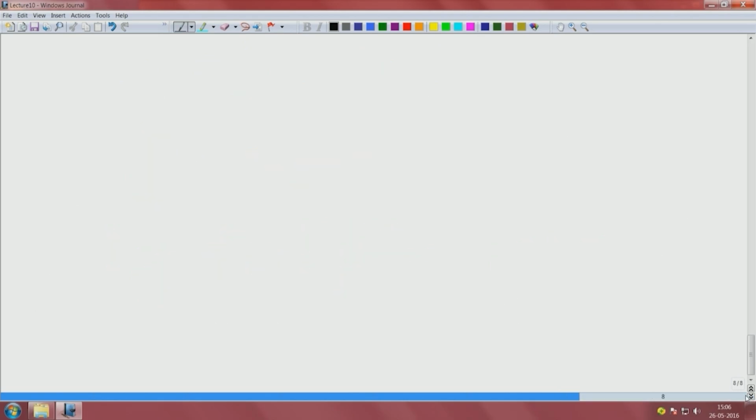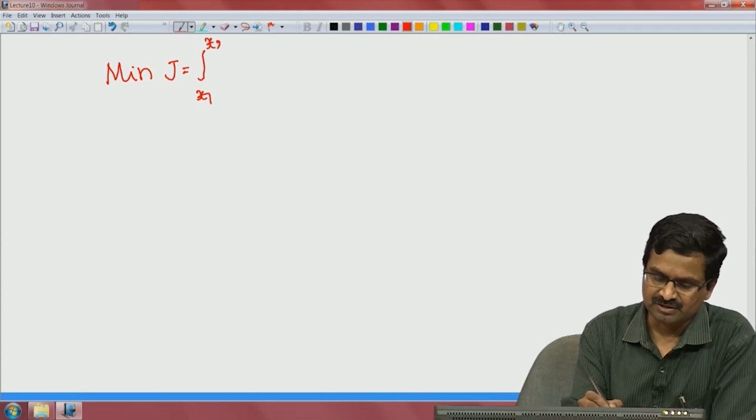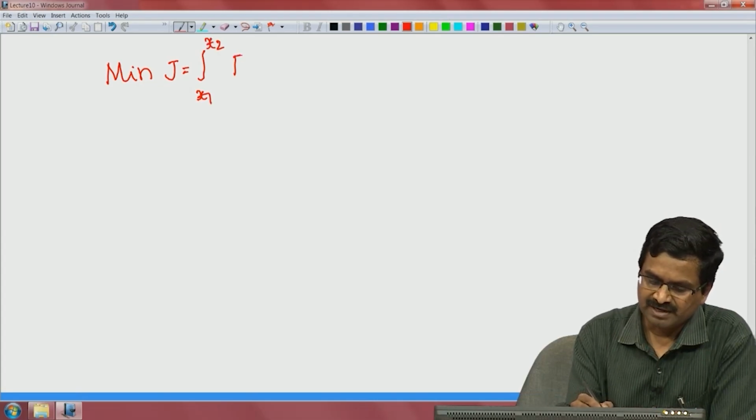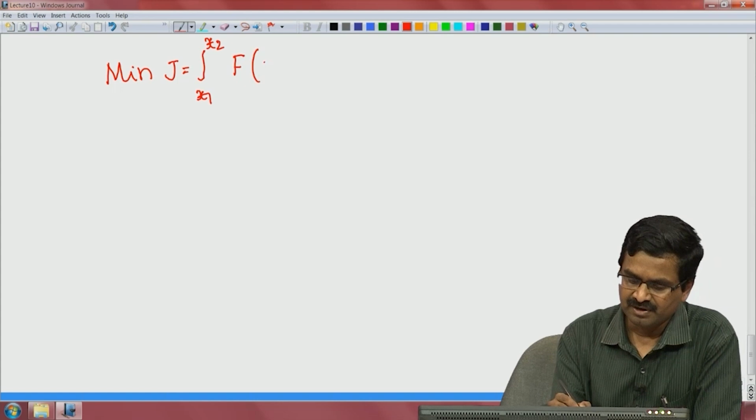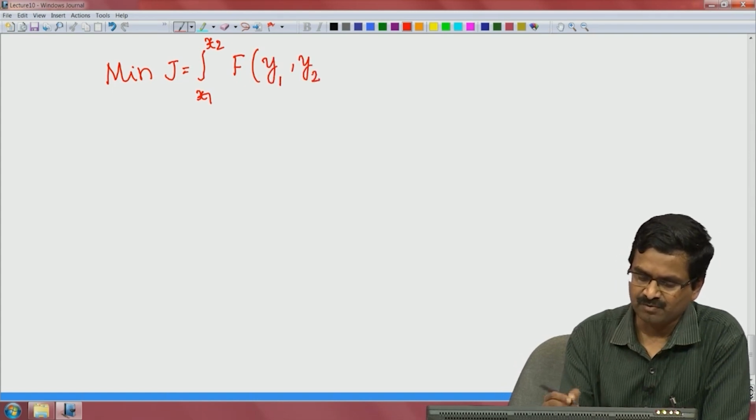Now, let us go to a case where we have our functional which goes from x1 to x2, whereas this integrand now depends on two functions, let us say y1 and y2.